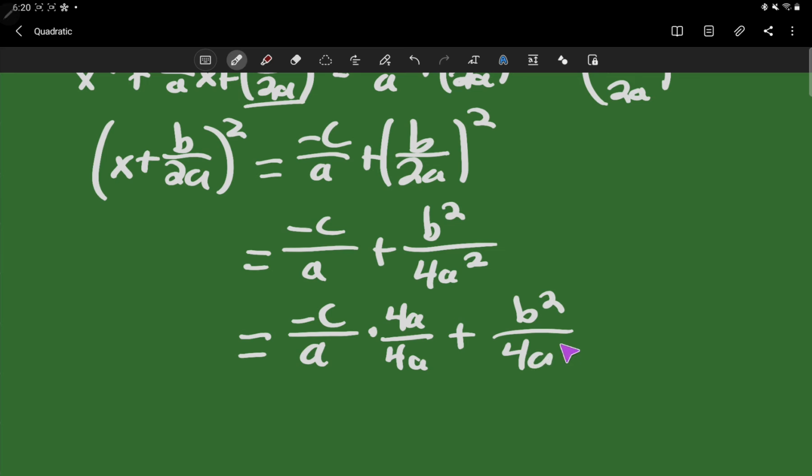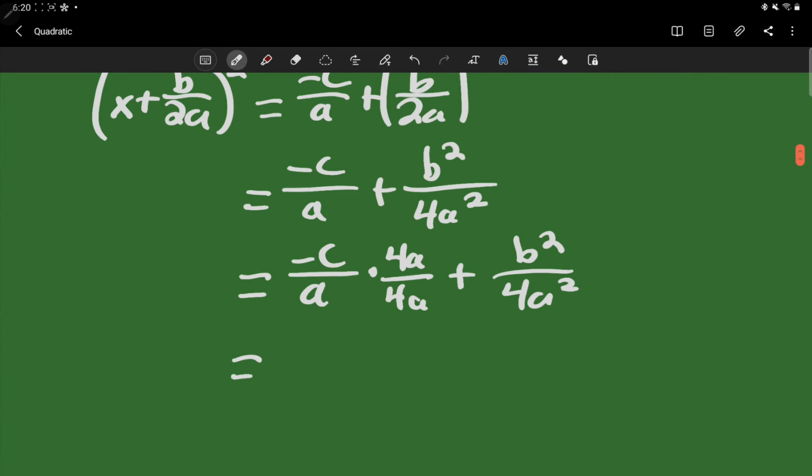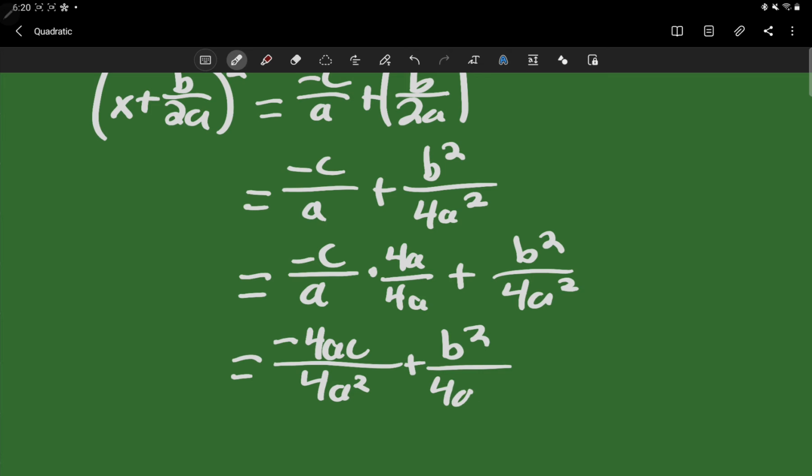You notice that in multiplying by 4a over 4a, both of those terms are the same, so they would cancel, and it's just the same as multiplying by 1. So that's why we can multiply this term by it, but not have to worry about the left side. So what we're left with is minus 4ac all over 4a squared plus b squared over 4a squared.